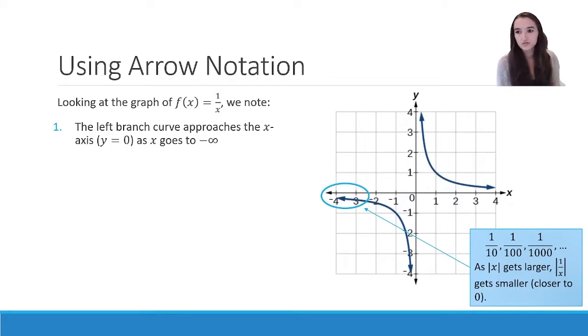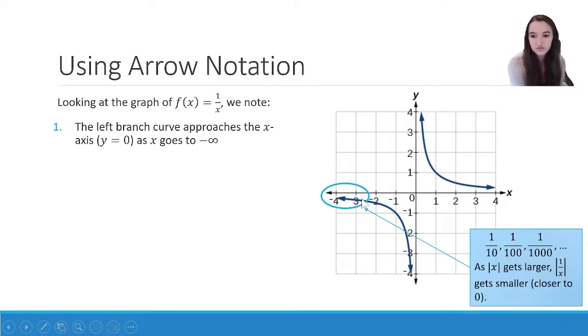Here we have f of x equals 1 over x, one of our common functions that we should generally know what it looks like by now. The left branch curve of 1 over x approaches the x-axis, or in other words, y equals 0, as x goes toward negative infinity.